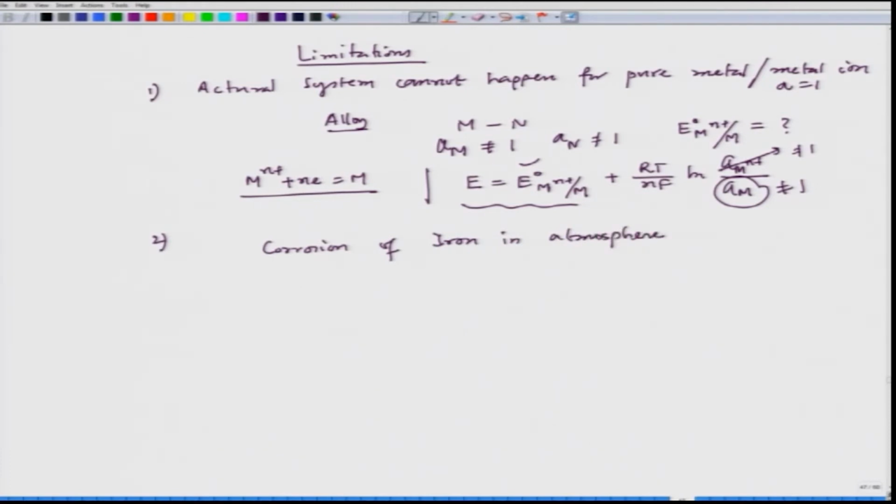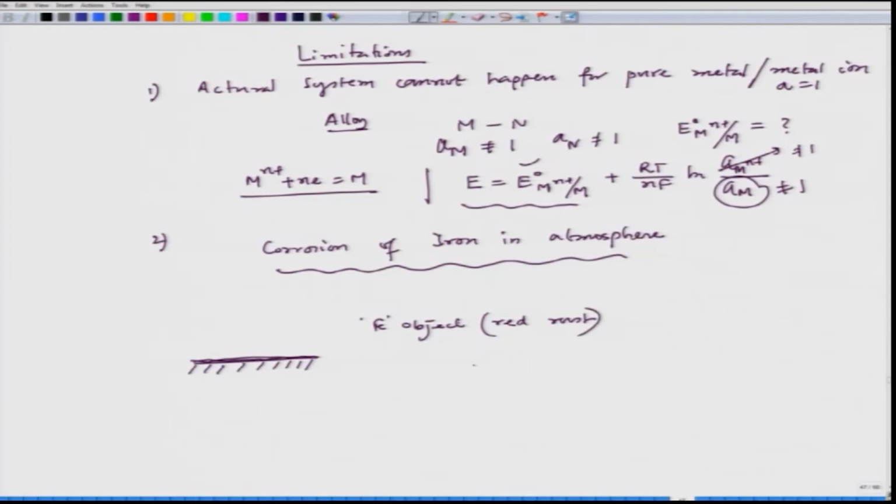So we would have a few case studies on this corrosion of iron in the atmosphere. The first case study is, let us say we have an iron object. Now we have moisture, let us say this small moisture layer, and this is the iron object. And we do see in our localities that iron objects have red rust on top of them. So that is the corrosion product.